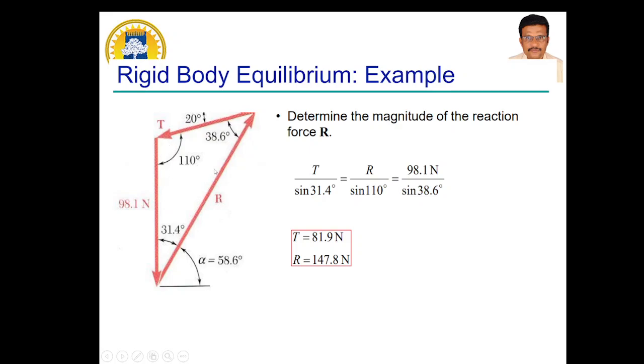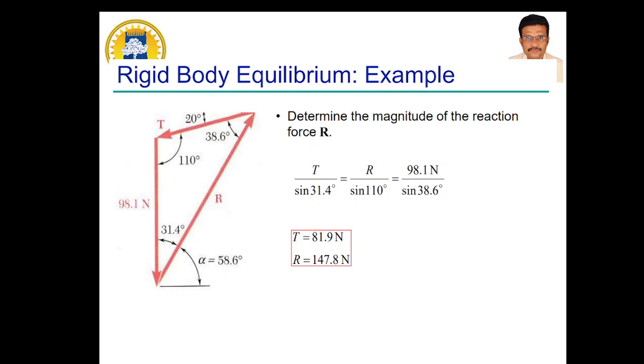Between the weight and the reaction the angle is 31.4 degrees, and between the tension and the reaction the angle is 38.6 degrees. For this system we have to find the tension and the magnitude of the reaction force. Here we can apply Lami's theorem.